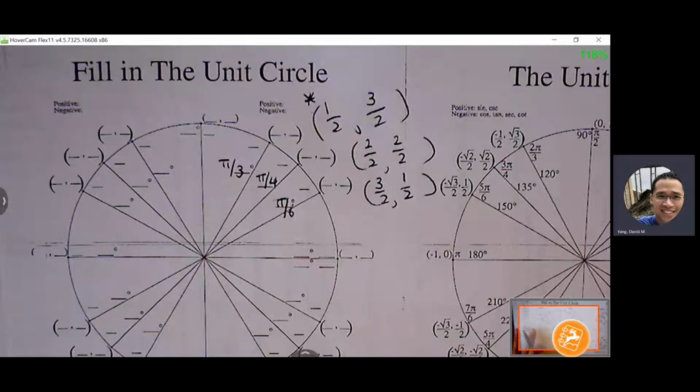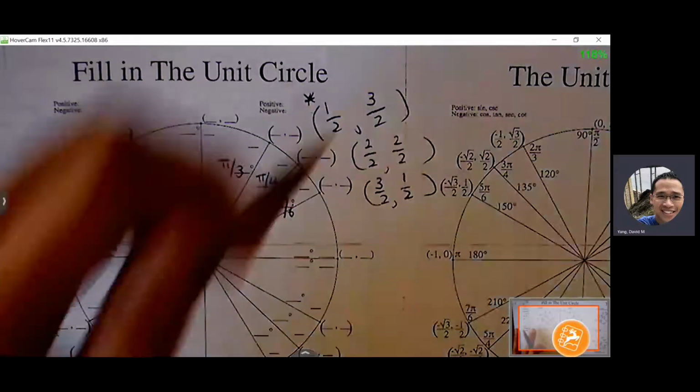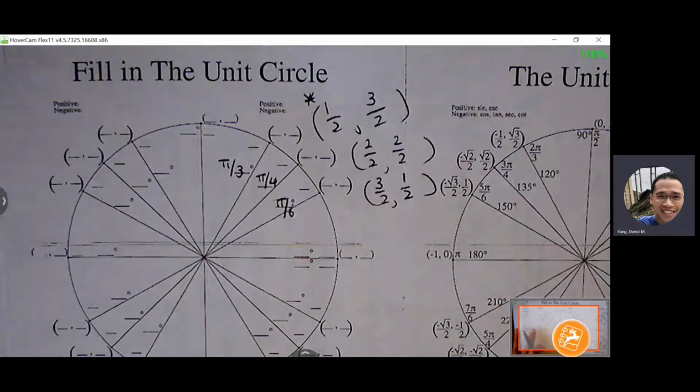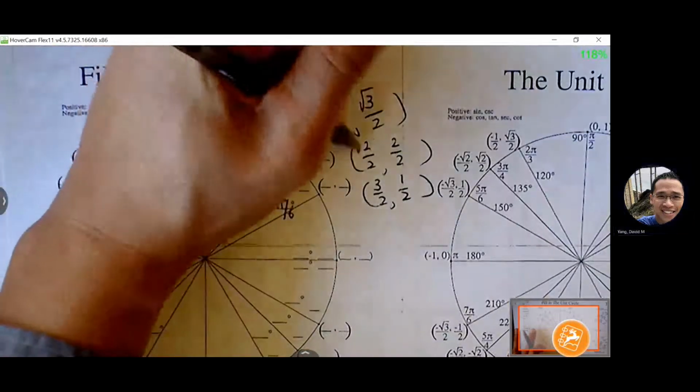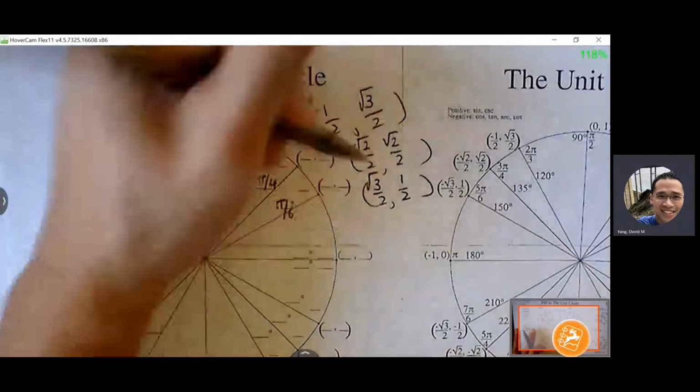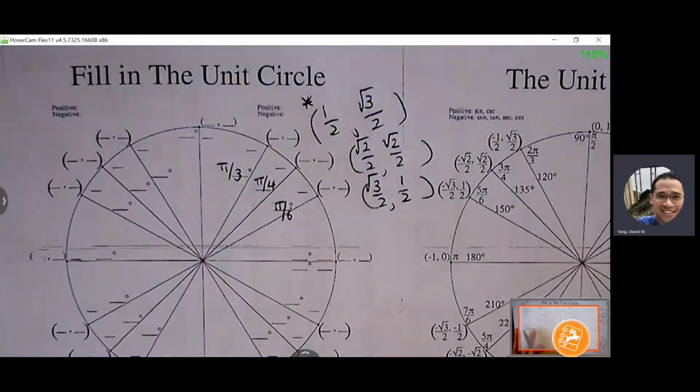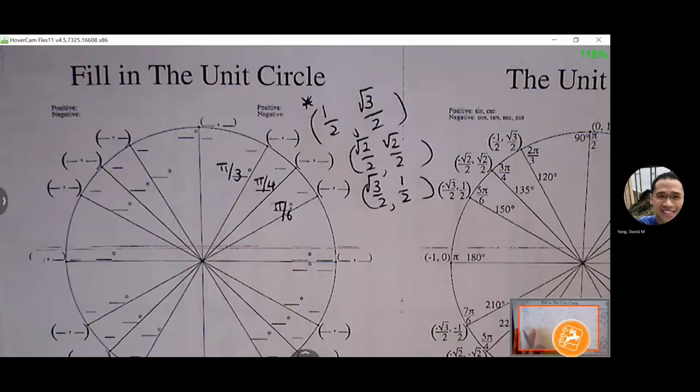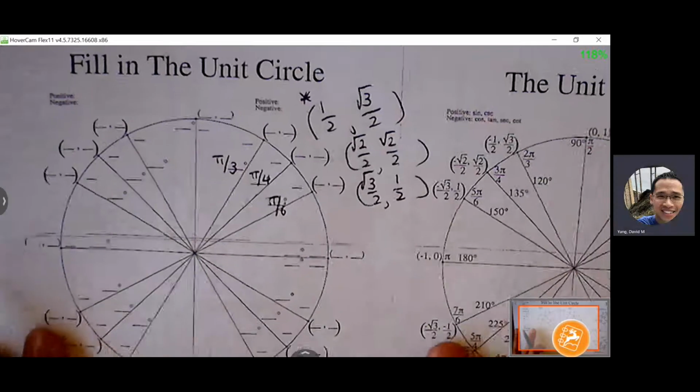Next up, we take the square roots of all the numerators. Technically, we're taking the square root of 1, but that is just going to be 1, so we leave that alone. Okay, everybody good with that?